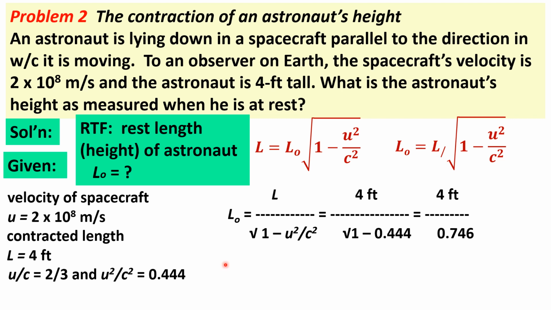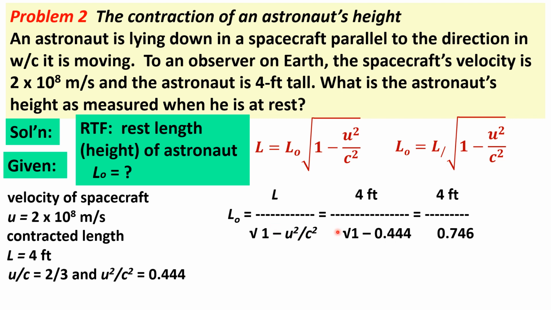although we already have determined the square of the ratio u over c, or u squared over c squared, has been predetermined to be 0.444.